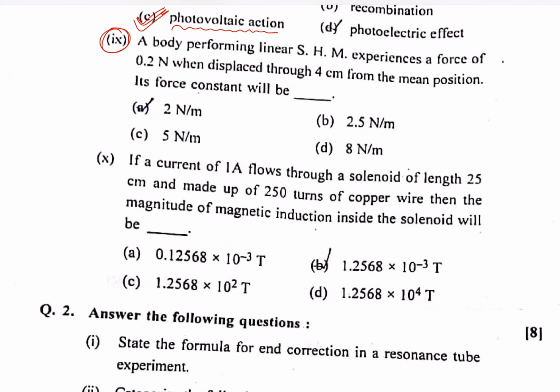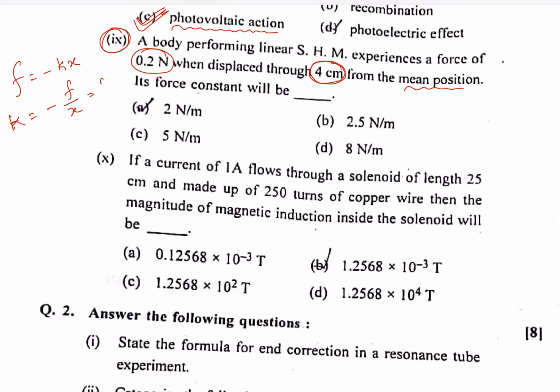Question number 9. A body performing linear SHM experiences a force of 0.2 Newton when displaced through 4 centimeter from the mean position. Its force constant will be. You know that force constant is given by the formula F is equal to minus kx. So k is equal to minus F by x.